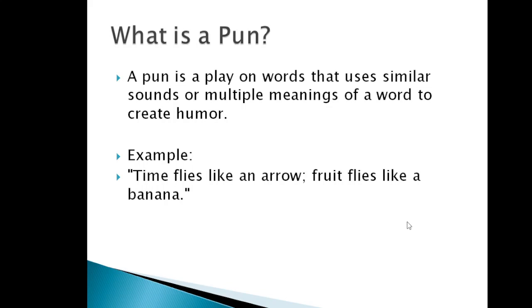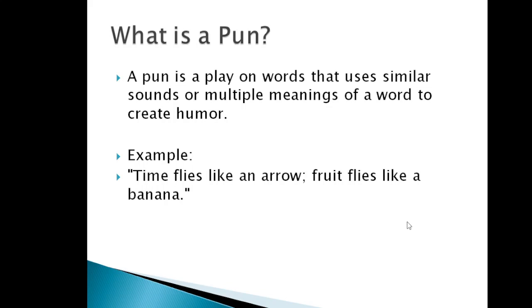Looking at the second part of this example that says fruit flies like a banana, it plays on the double meaning of the word flies and like. So in the first part of this example, time flies indicates that time flies like an arrow.